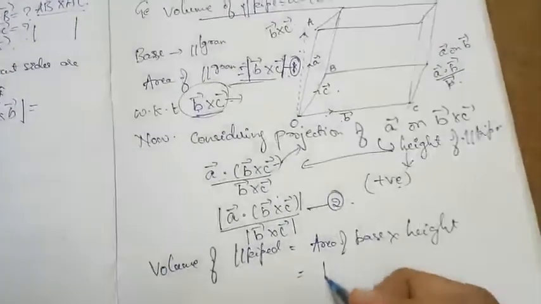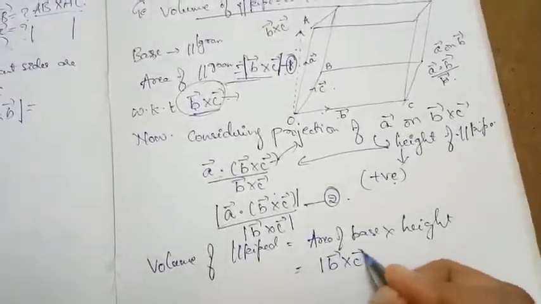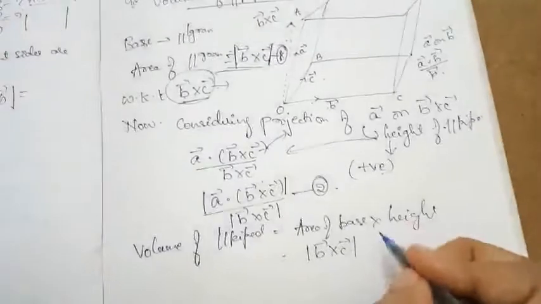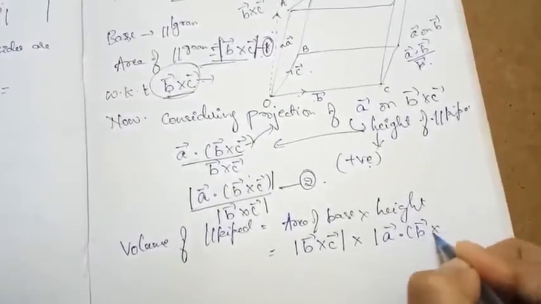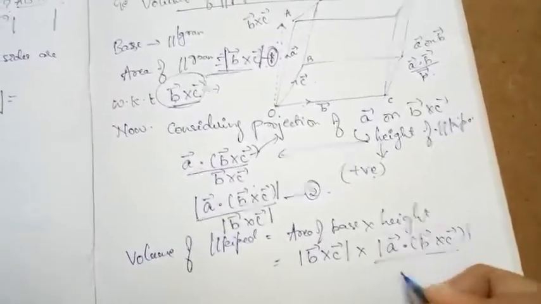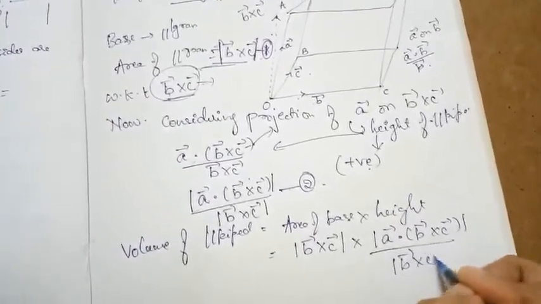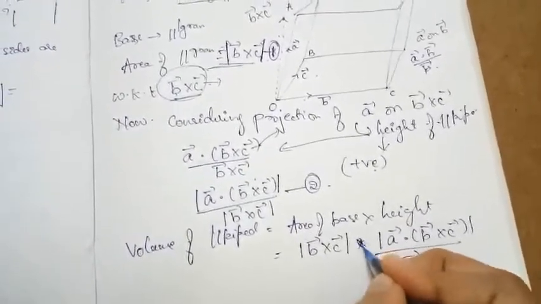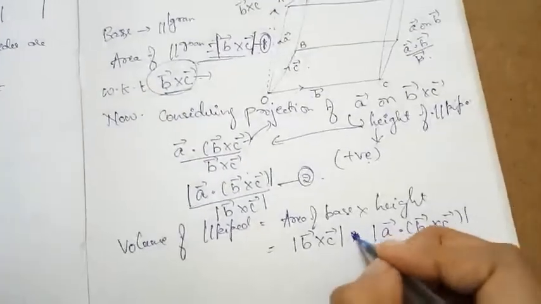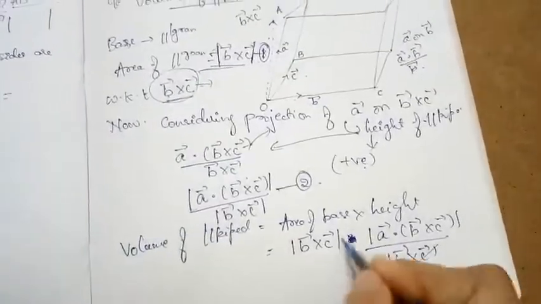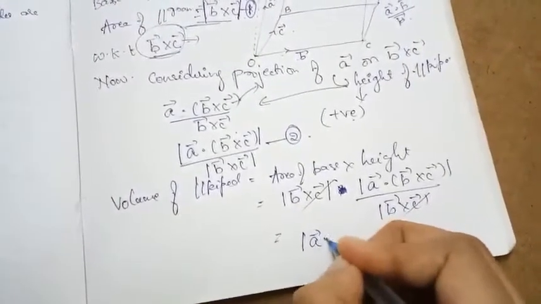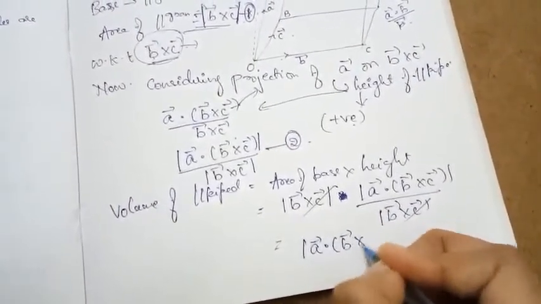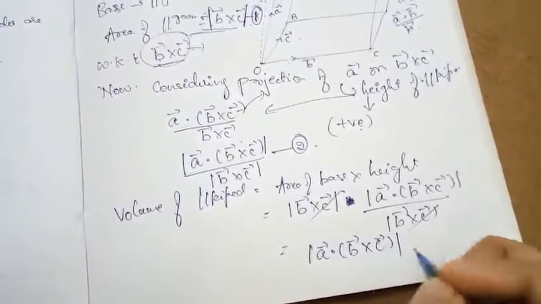It is the area of the parallelogram, that is the magnitude of vector B cross C. Height is the magnitude of vector A dot B cross C divided by the magnitude of vector B cross C. Here this is not a cross product, it is just a multiplication symbol. So this gets cancelled, and the volume of the parallelopipe is nothing but the magnitude of vector A dot B cross C.